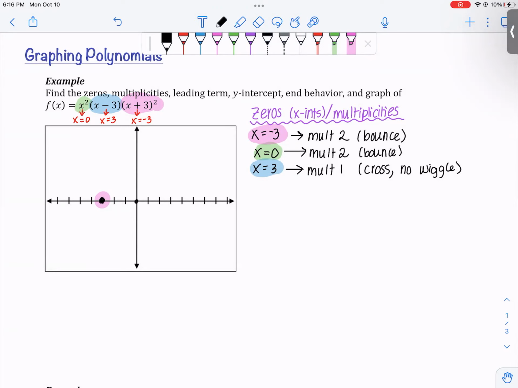There we go. We have an x-intercept at 0. That's this guy, in green. And we have an x-intercept at 3, right here. So all of those zeros tell me where we hit the x-axis.